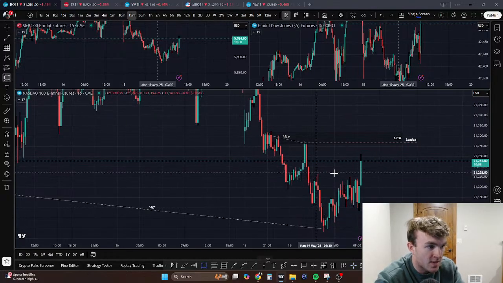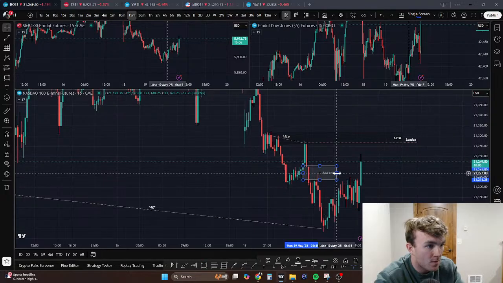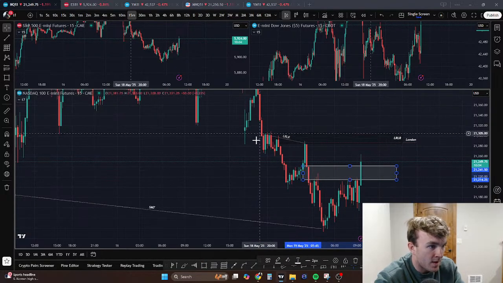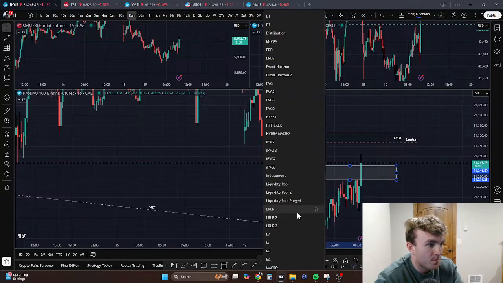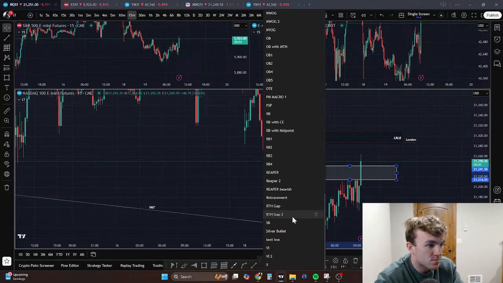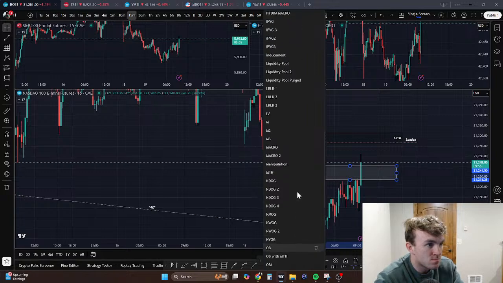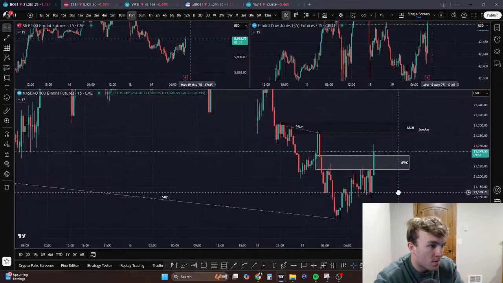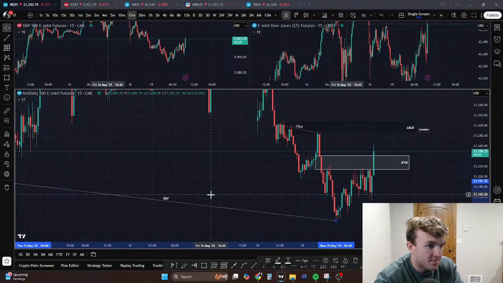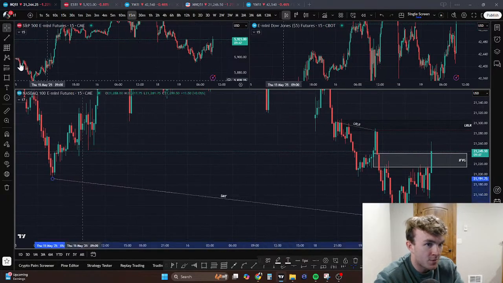So we'll inverse this, probably, and then we'll probably go run that. Yeah, because we got SMT, we swept previous day's low.